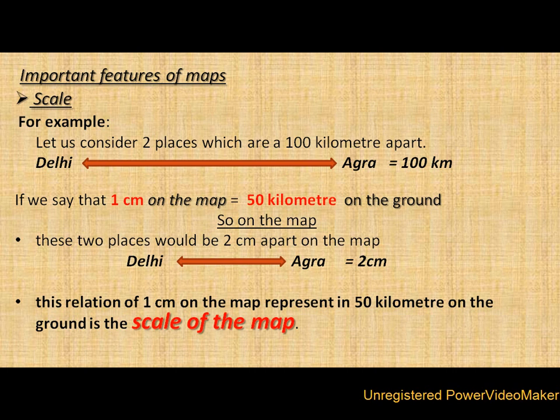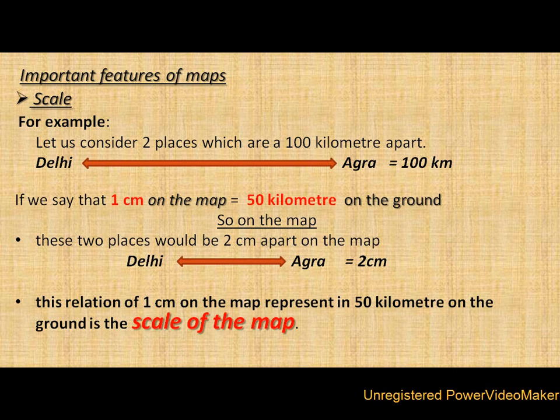Within 2 centimeter you can mention Delhi and Agra, because 1 centimeter is equal to 50 kilometer, so 2 centimeter is equal to 100 kilometer. In reality, Delhi to Agra is 100 kilometer, but on the A4 sheet the distance between these two places is only 2 centimeter.